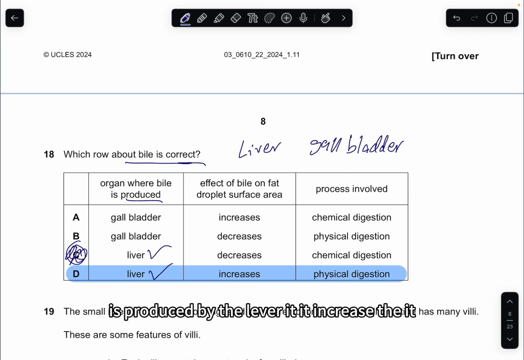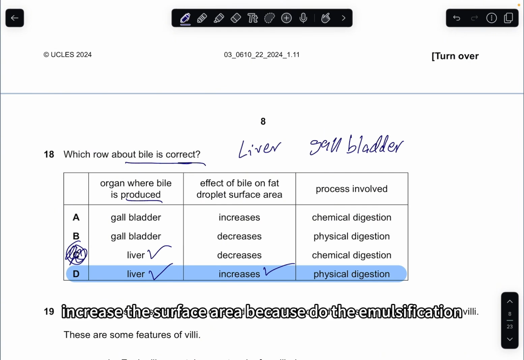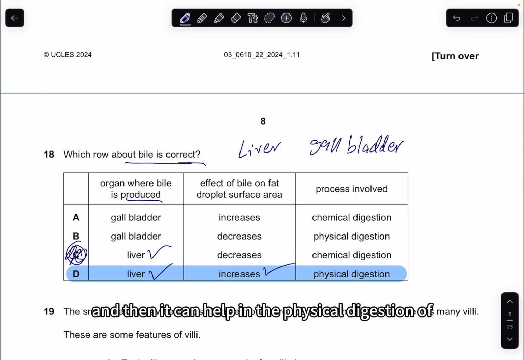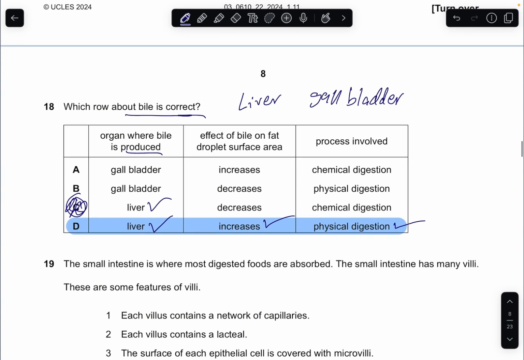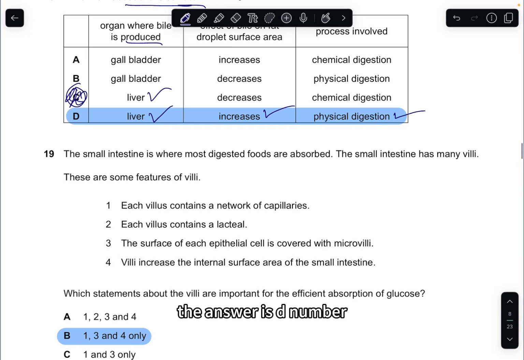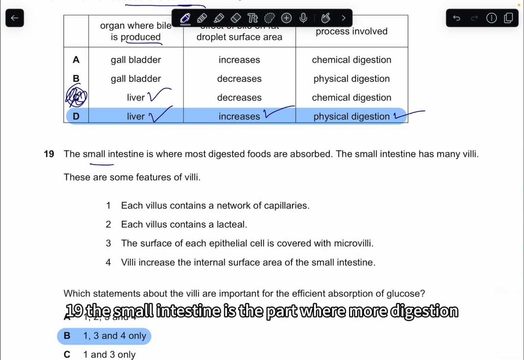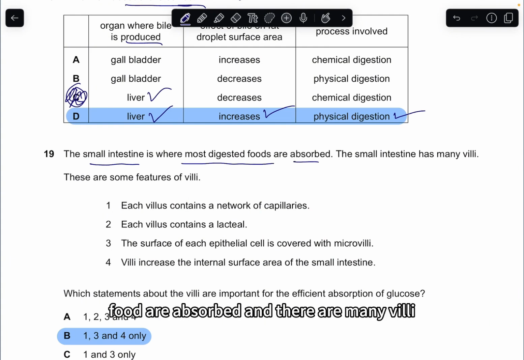It increases the surface area, because it does the emulsification, and then it can help in the physical digestion of the fat. Okay, the answer is D.